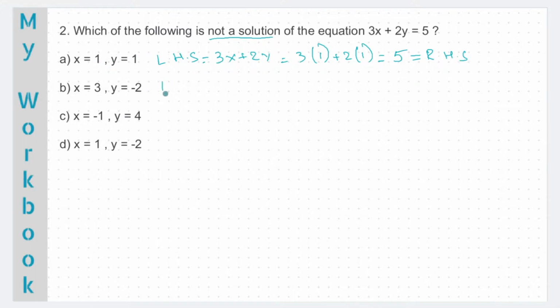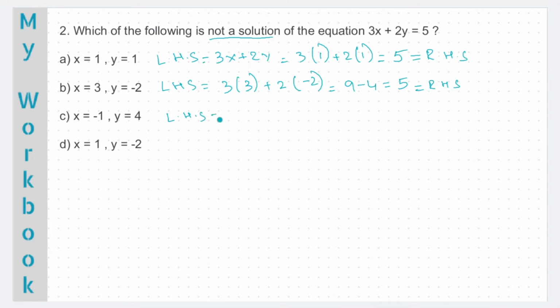Now let's move on to option B. LHS is 3 into 3 plus 2 into minus 2. So it will be 9 minus 4, which is 5. This is again equal to RHS. So this is also a solution for the equation.